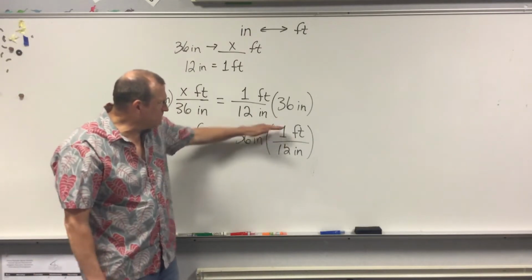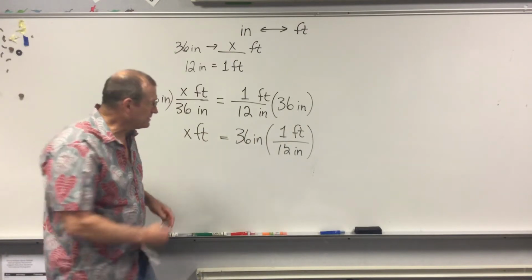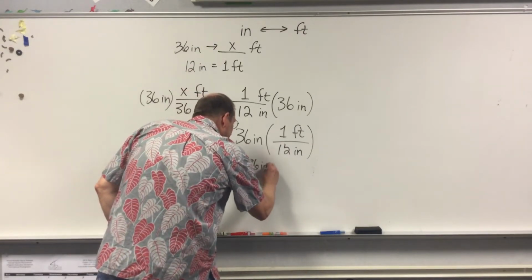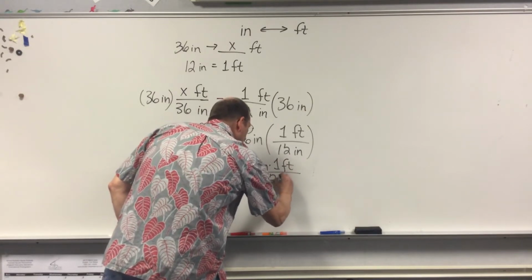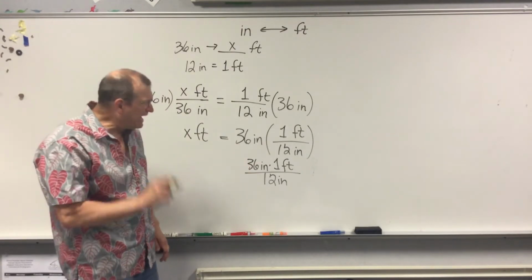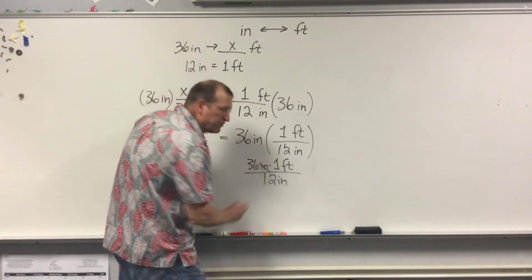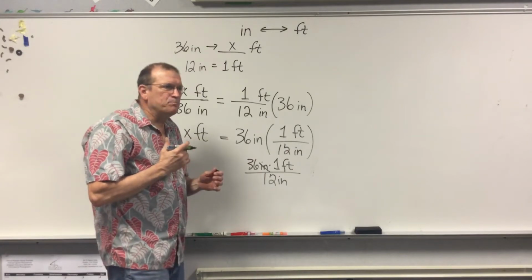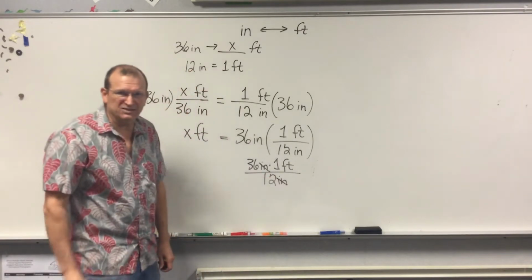And when you multiply by 1 over 12, that is mathematically the same thing as dividing. Because if you bring it all together, you would have 36 inches times 1 foot over 12 inches. And so you would end up with 36 divided by 12. And in addition to this, if you look at the units, and this is one of the key pieces that I'm going to come back to later when we put together what I'm going to refer to as the shortcut rule, you'll notice that the inches cancel.